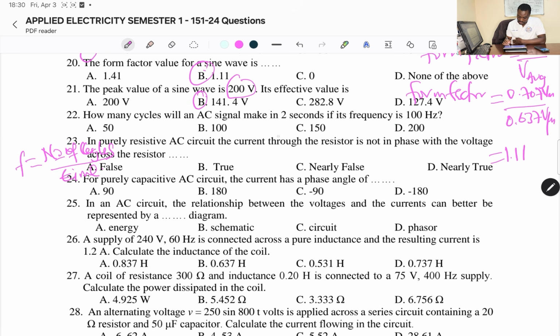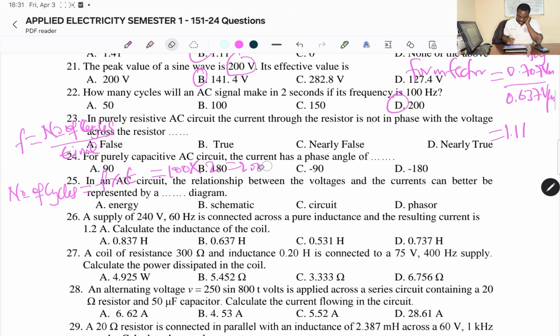So we are looking for the number of cycles, so we make the number of cycles the subject. This is going to be equal to frequency times time. And the frequency here is 100, so 100 times time, which is 2. So that equals 200. So the answer here is D. So moving on to the next question.